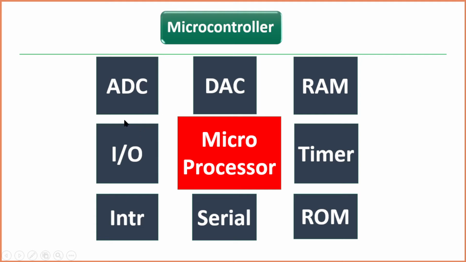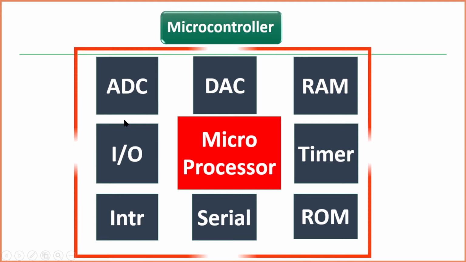All the devices are connected in a single IC, which is called a microcontroller. So from the outset, you can imagine that the microcontroller will have a microprocessor. Additionally, it will have peripherals, the basic peripherals needed to design a system. That is how the microcontroller is designed.